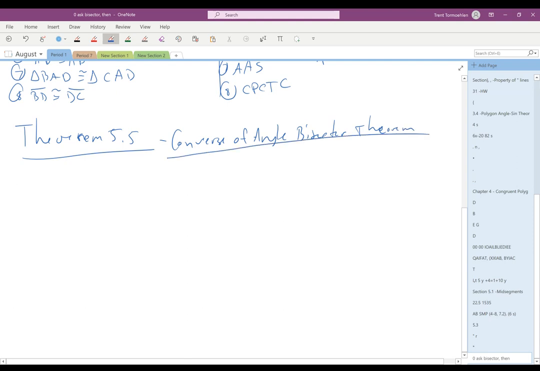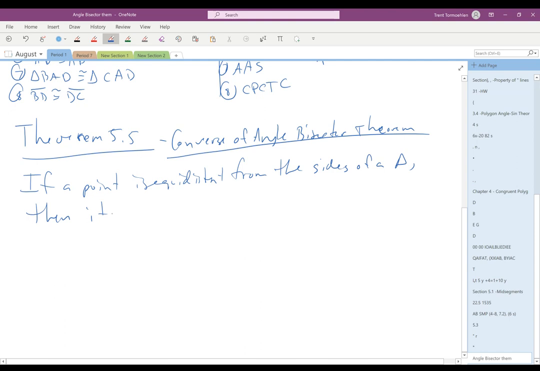And so the converse of that is, if a point is equidistant from the sides of a triangle, then it is on the angle bisector.